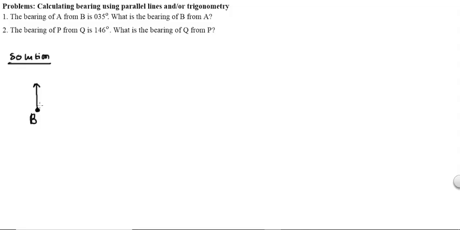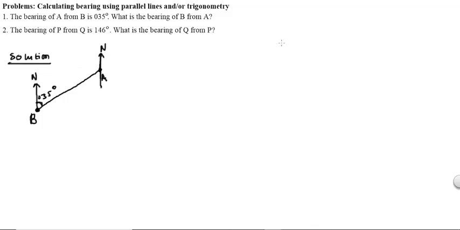The 035 degrees from B is somewhere around here on a rough sketch. So this is 035 degrees. Let's say point A falls here. We are asked to find the bearing of B from A. This is the north of point A. This is the north of point B.